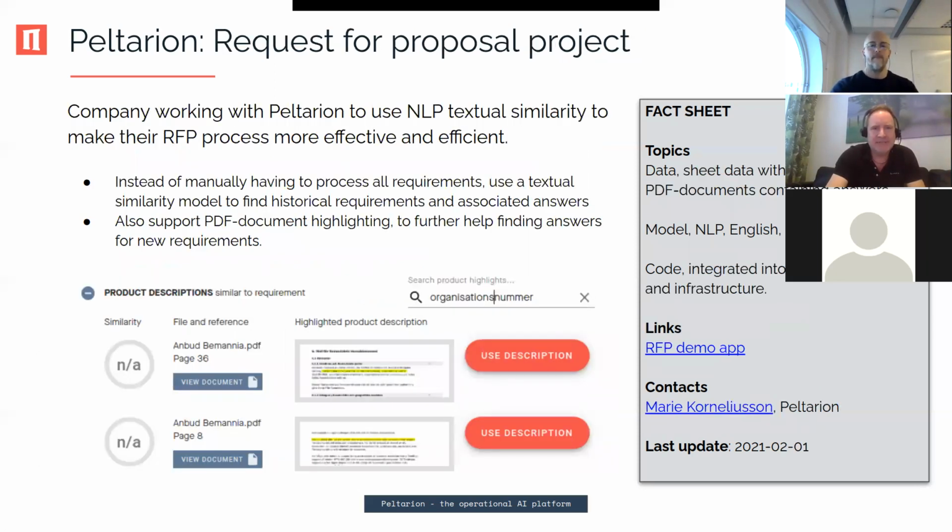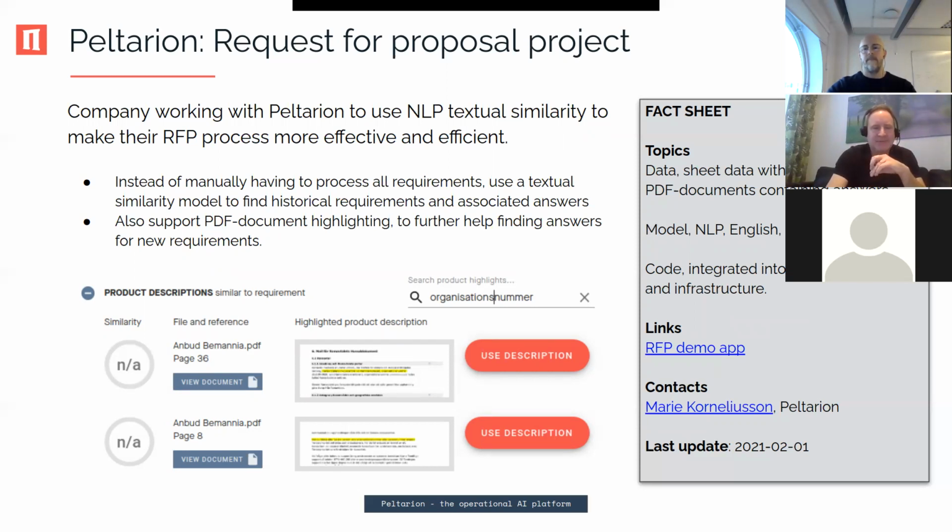Here is another example speaking about similarity once again. I think it's interesting how we can use that to highlight in PDF documents where you want to find information. In this case you want to have a human in the loop, where you need to go through an RFP. An RFP is basically a set of requirements that you need to fulfill and answer to a customer.